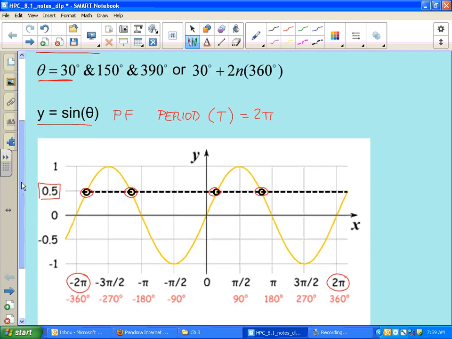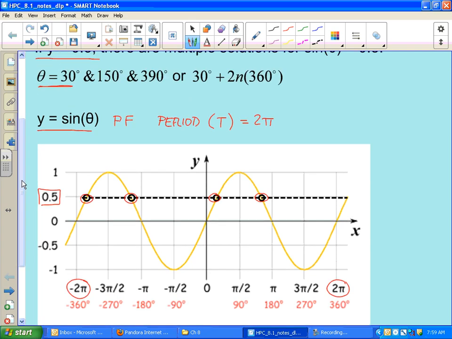Well, if I remember from our acronyms, sines are going to be positive in quadrant 1, so I have a theta there, and that's our alpha, our reference angle, which in this case is 30. And I also have an angle over here, we'll call that one theta 2, where I have a reference angle of 30 degrees as well.